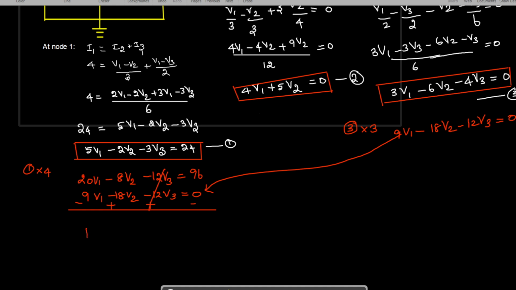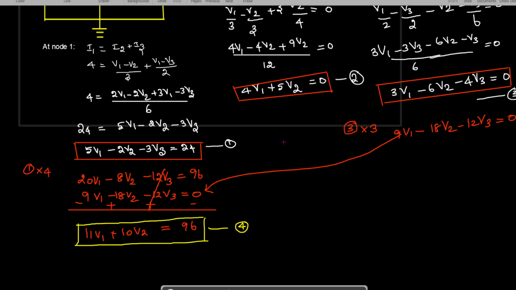Here you get 11V1 plus 10V2, that is equal to 96. I am going to make this another equation. So now I am going to take this as equation number 4.